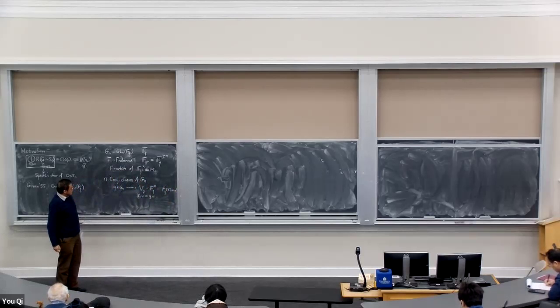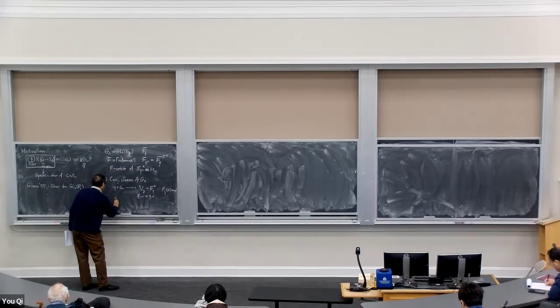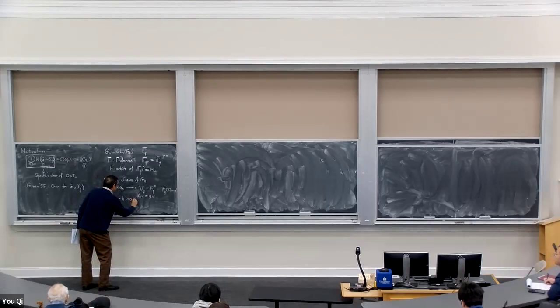So for this F_q[t]-module, it turns out that g is conjugate to h if and only if these two spaces are isomorphic.